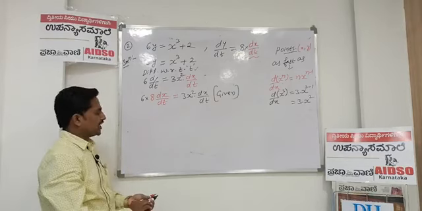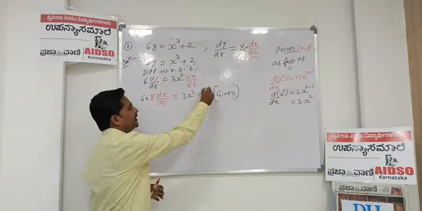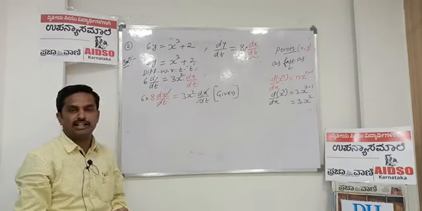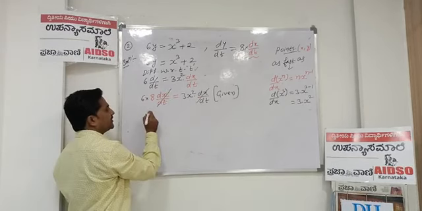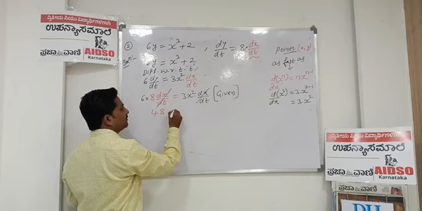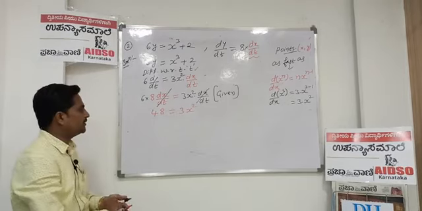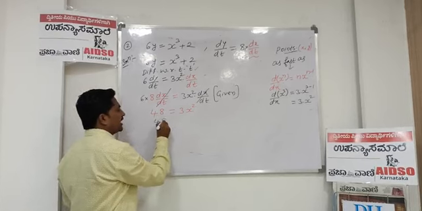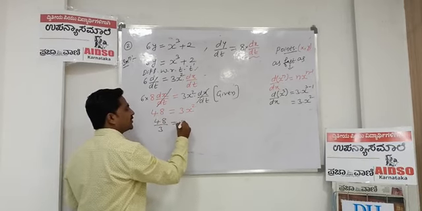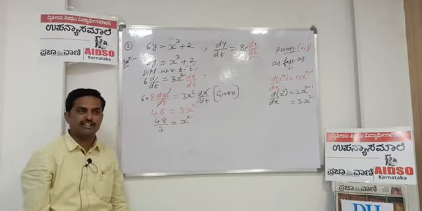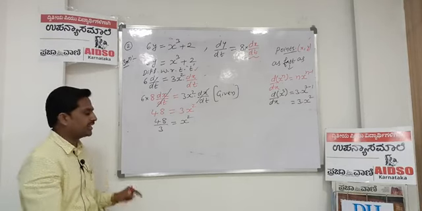Now if you check, dx by dt on both sides gets cancelled, and it will be 6 times 8, which is 48, equals 3x square. Then further, 48 divided by 3 equals x square.